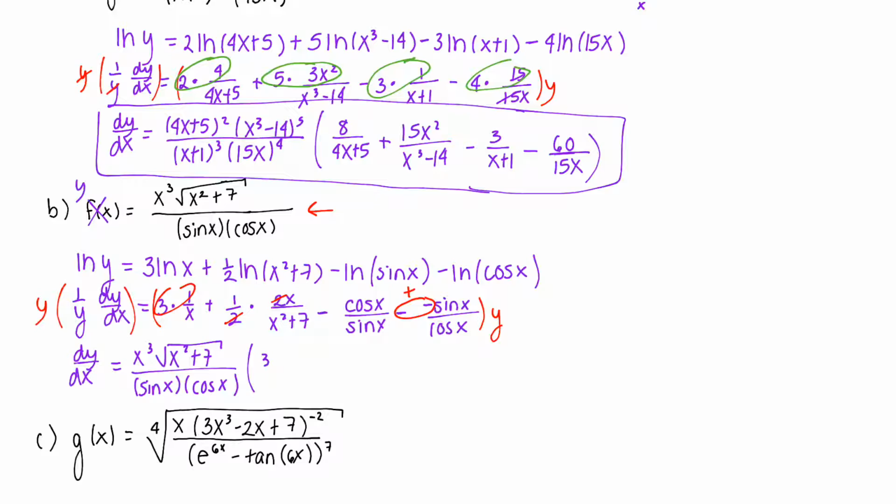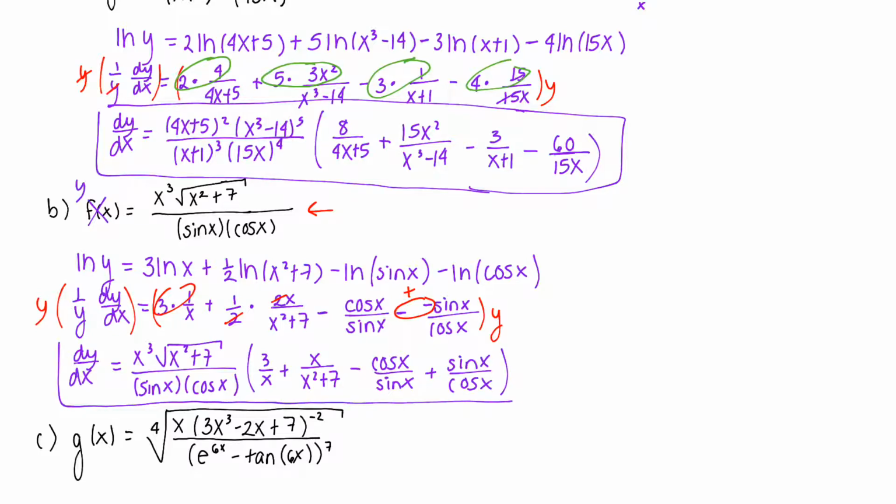So 3 over x plus x over x^2+7 minus, and if you really wanted to be fancy here, cosine x over sine x is cotangent x. I'm not going to do that, but you could. And sine x over cosine x is tangent x. Sometimes that small simplification is just nice because it's less to write, and it makes it look a little bit cleaner.